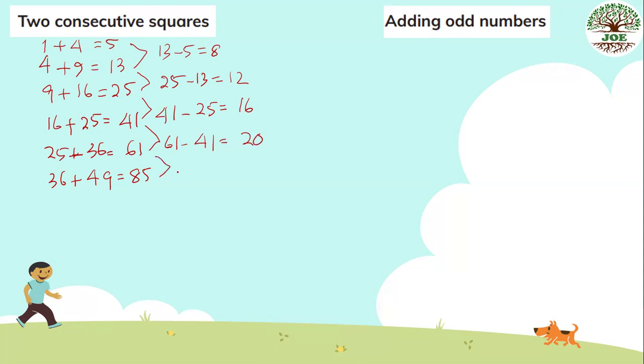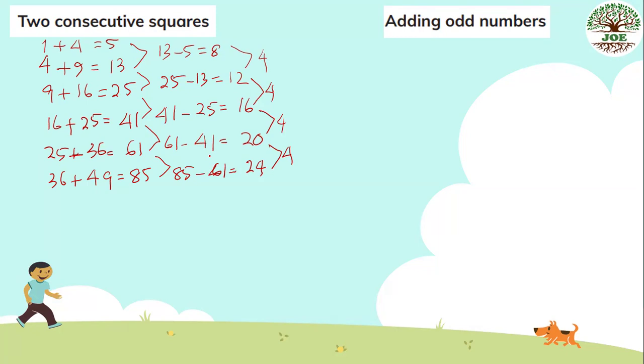And again, 85 minus 61, we got 24. So you can see the differences between them also go up by 4. The differences between the terms increase by 4 each time. These are consecutive squares.